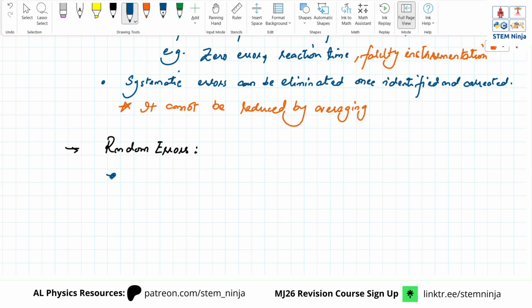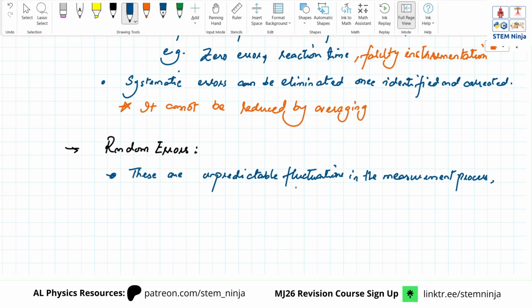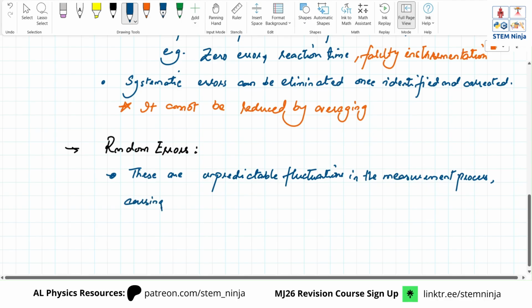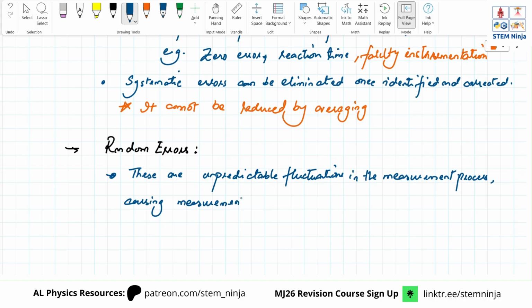Now, what are random errors? These are unpredictable fluctuations in the measurement process, causing measurements to be scattered around the true value.